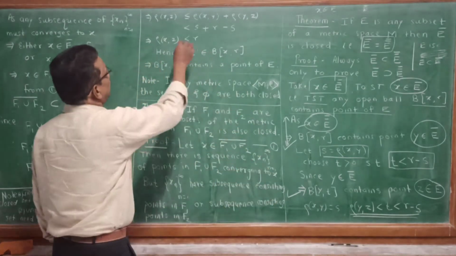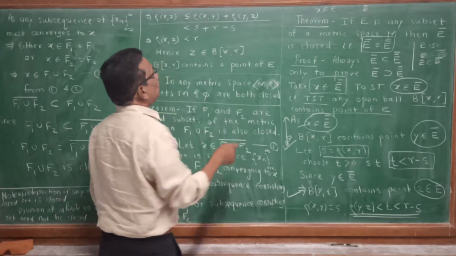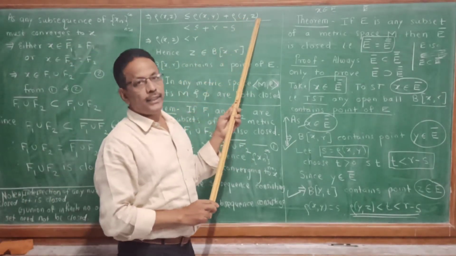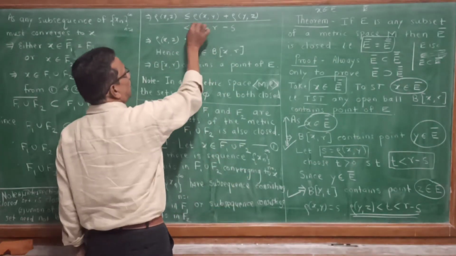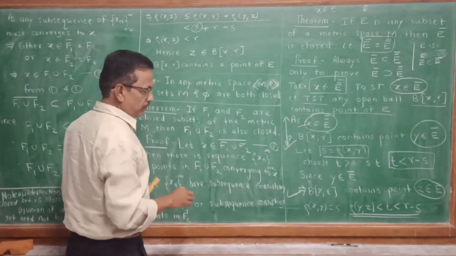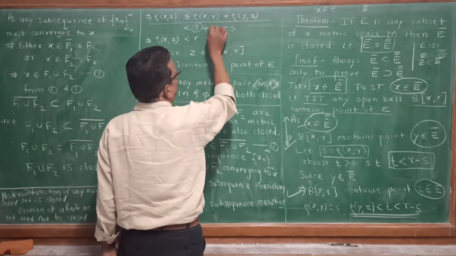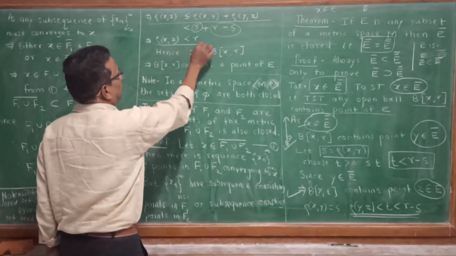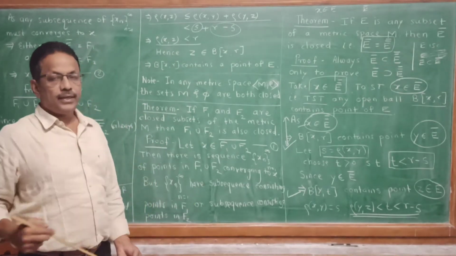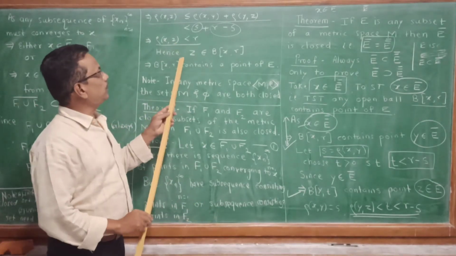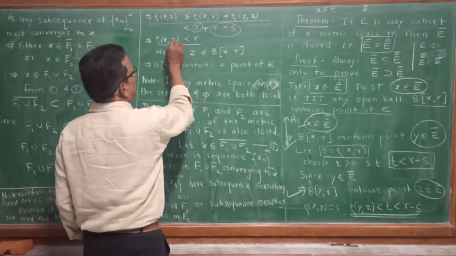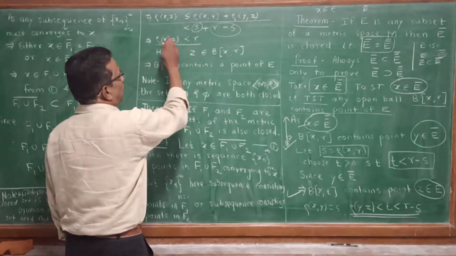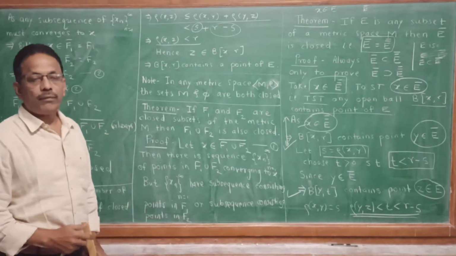By the triangle inequality, rho of x, z is less than or equal to rho of x, y plus rho of y, z. What is rho of x, y? It is equal to s, and rho of y, z is less than r minus s. s cancels. We get rho of x, z is less than r. Then what is the meaning of this? z is a member of the open ball B of x, r.